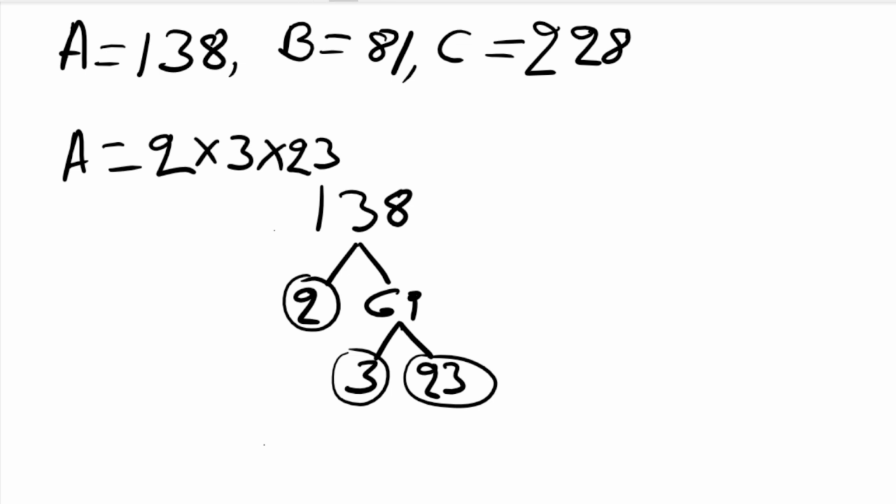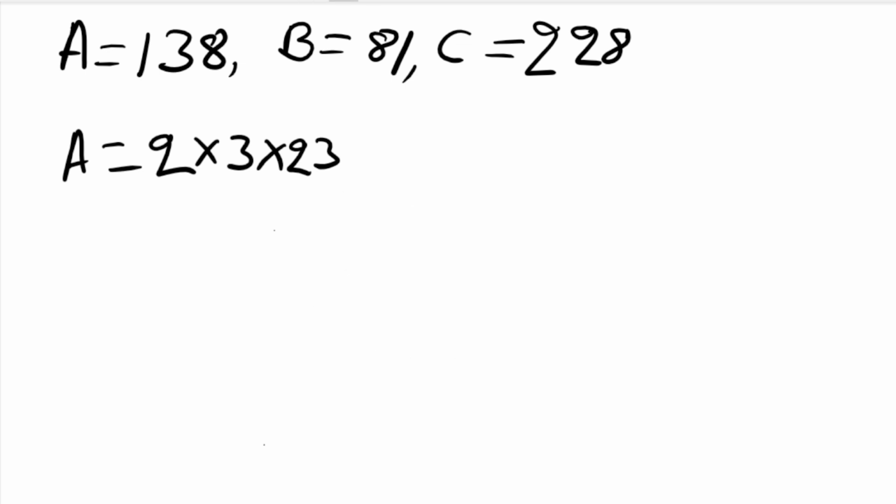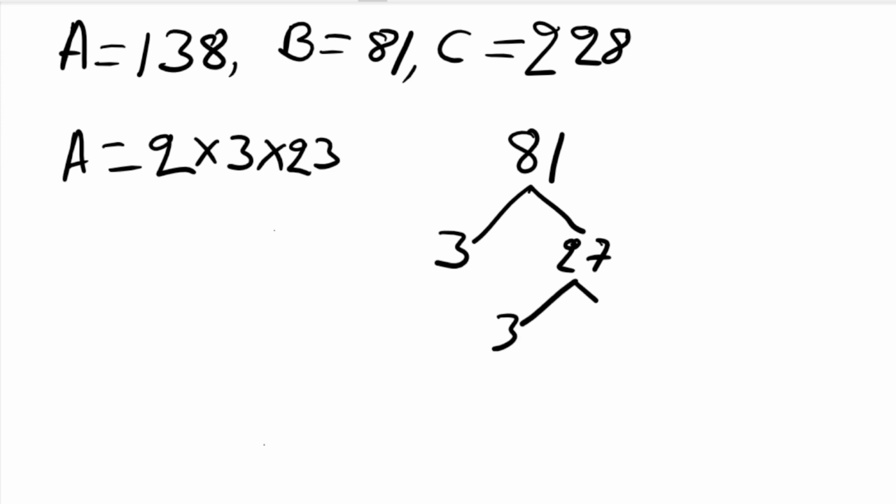And we move to B, which is 81. 81 is not an even number, so we move to 3. 81 divided by 3 is 27. 27 is not prime, so we divide again. 27 divided by 3 is 9. 9 is not a prime number and not an even number, so 3 again, by 3 we have 3.